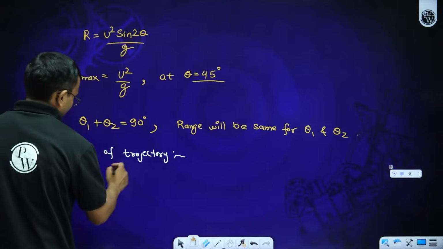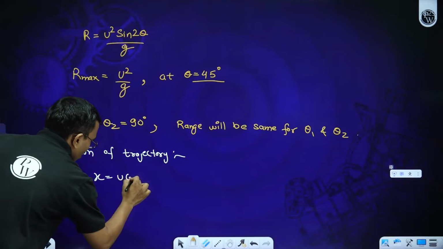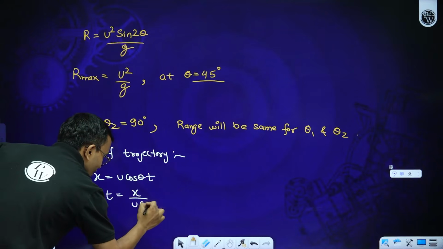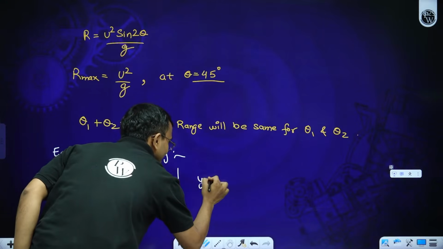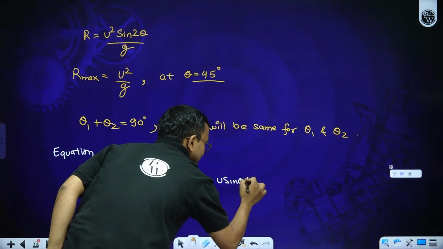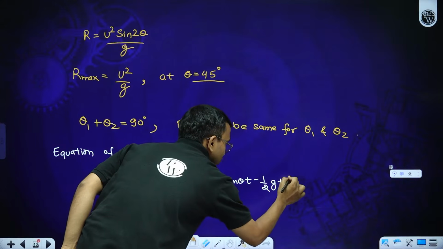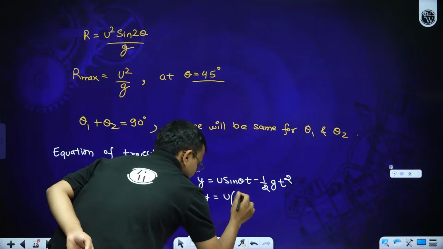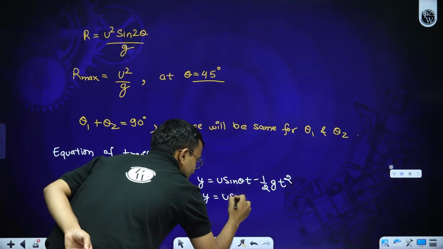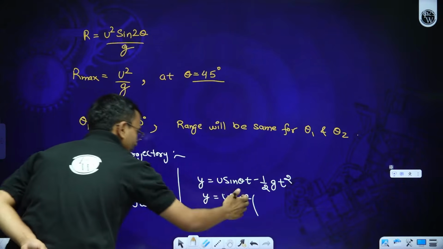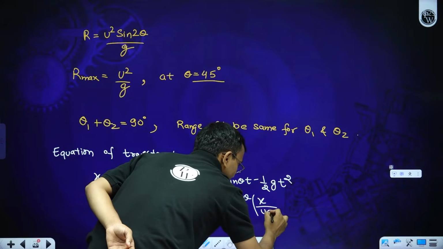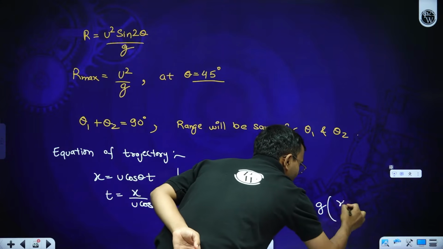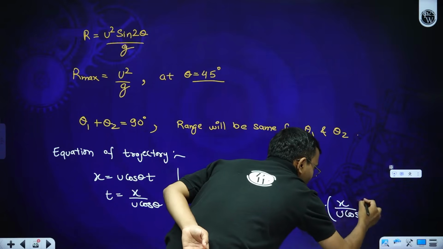Let us do it. My x is u cos theta into t. So t comes out to be x by u cos theta. My y is u sin theta t minus half g t square. Put t there, x by u cos theta. So y is u sin theta into x by u cos theta minus half g x by u cos theta whole square.